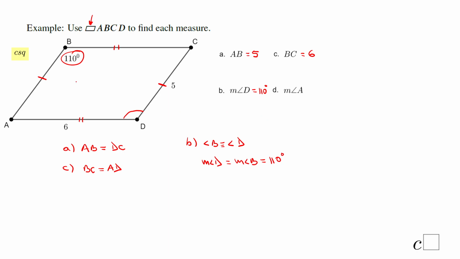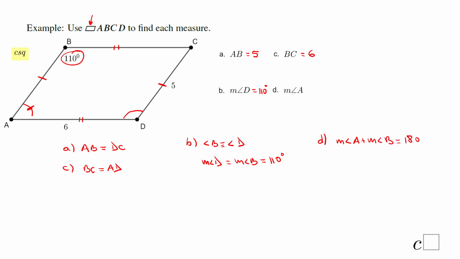And the last one, the measure of angle A. So for finding angle A, which is this angle here, we need to remember that angle A and angle B, for example, are supplementary. That is a property. The measure of angle A plus the measure of angle B equals 180.